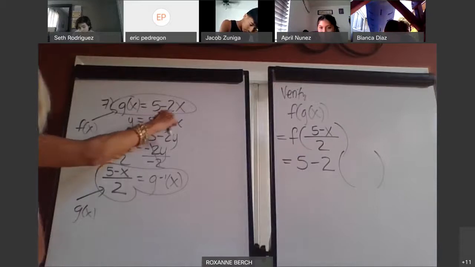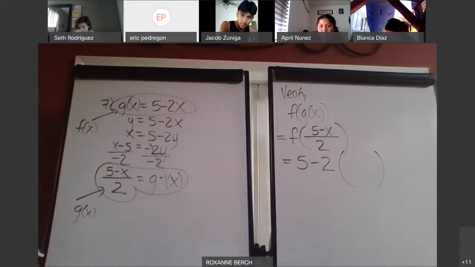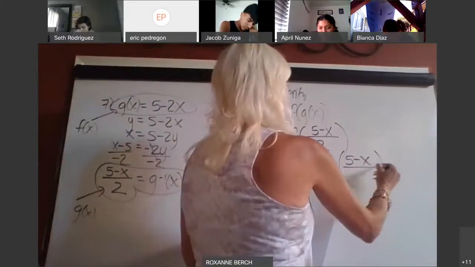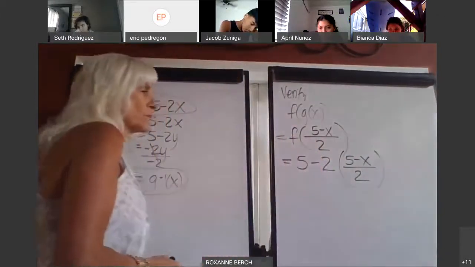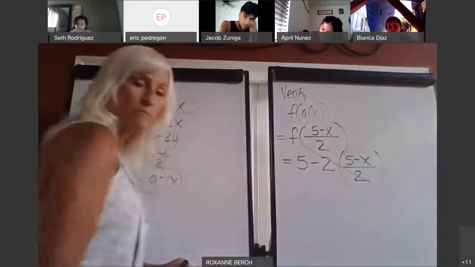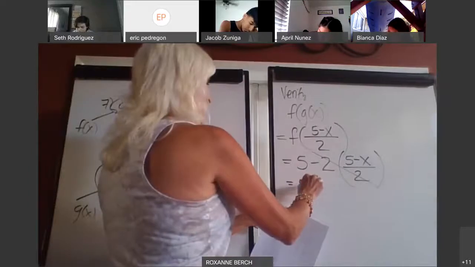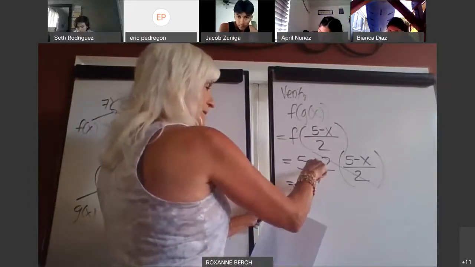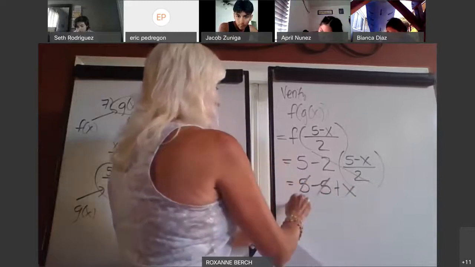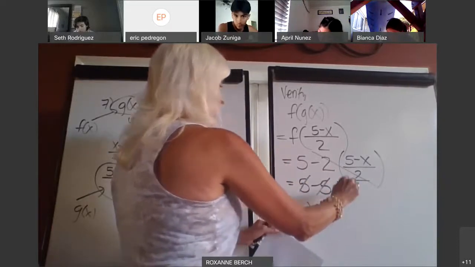So the x now is 5 minus x over 2. Well, those 2's cancel. And don't forget to distribute the -1. So this would be a -5 and a positive x, which turns out to be x.